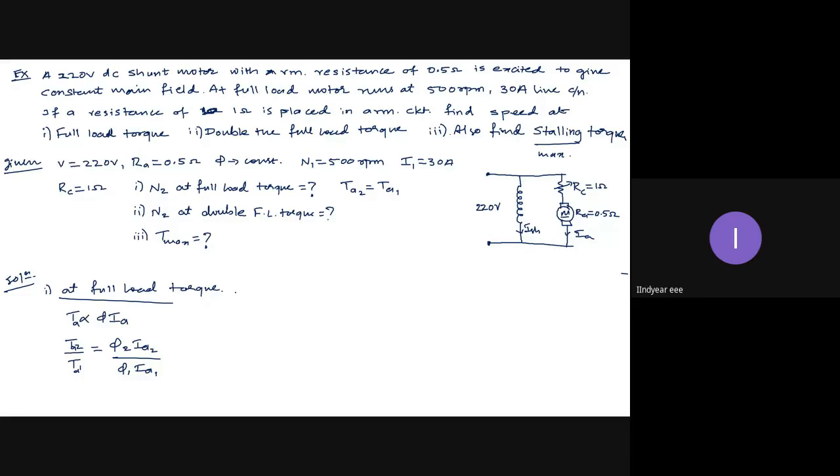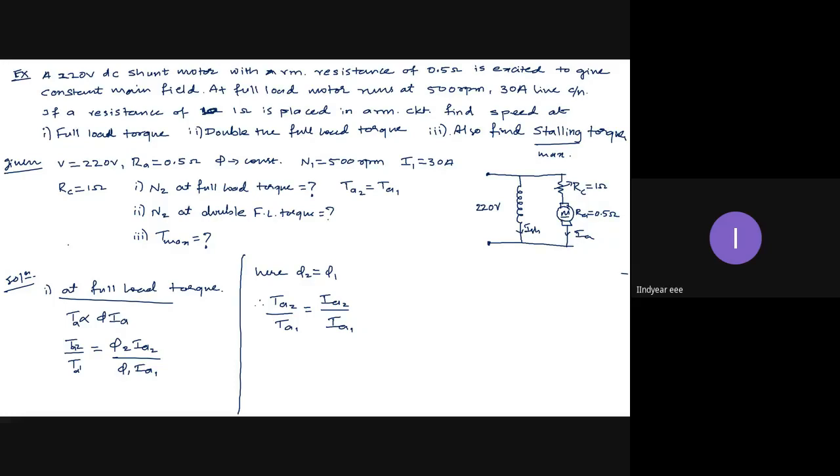So here it is mentioned that the flux is constant. Here phi 2 is equal to phi 1. Therefore, TA2 by TA1 is equal to IA2 by I1.